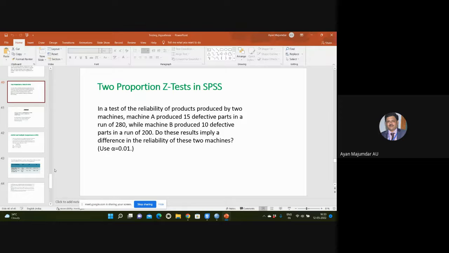So out of 280, 15 is defective, and out of 200, 10 is defective. So the proportion defective is 15 of 280 for one machine, and 10 of 200 for the other.